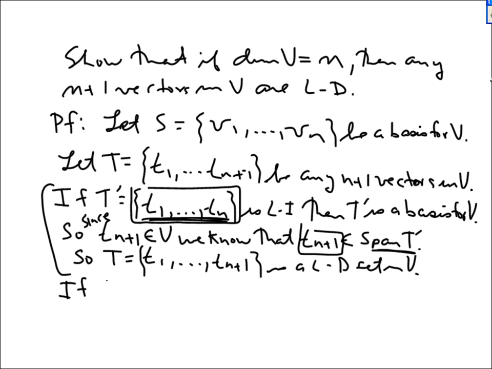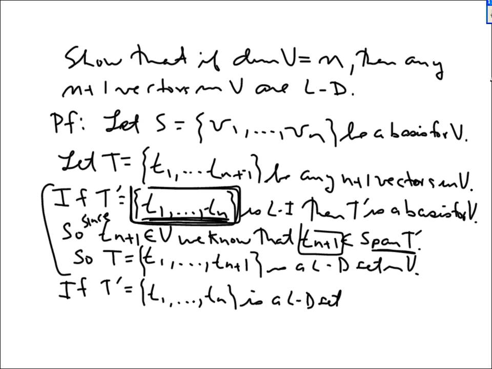Second part, if T prime equals T1 up to Tn is a linearly dependent set. Now, let's be reasonable. Either this set is linearly independent or it's linearly dependent. There's no two ways around it. It's one or the other.